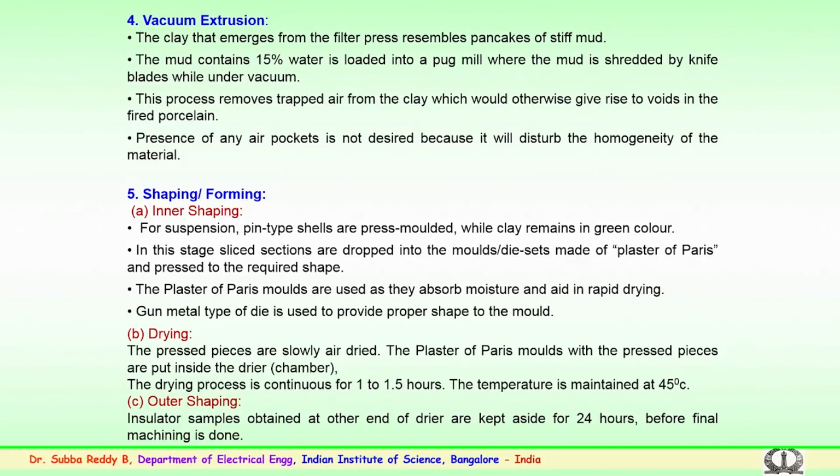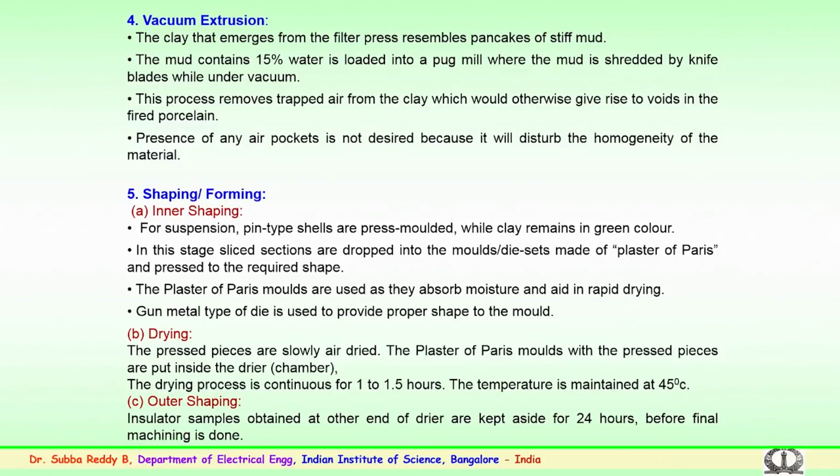Here again there are 3 subdivisions: inner shaping, drying and outer shaping. Inner shaping, for suspension or pin type shells, is done using press mold type arrangements while the clay remains in green color. Sliced sections are dropped into the molds or die sets, as we call them. These die sets or molds are made of plaster of Paris and pressed into the regular shape.